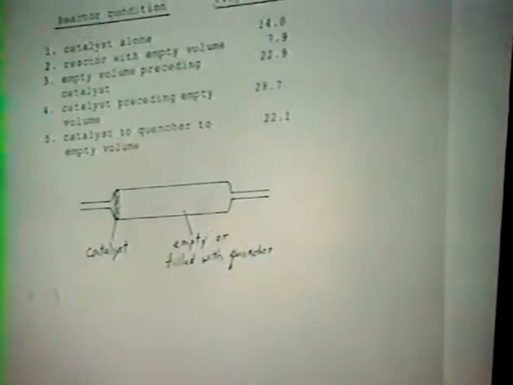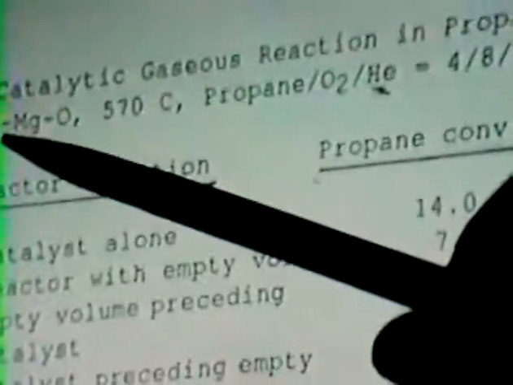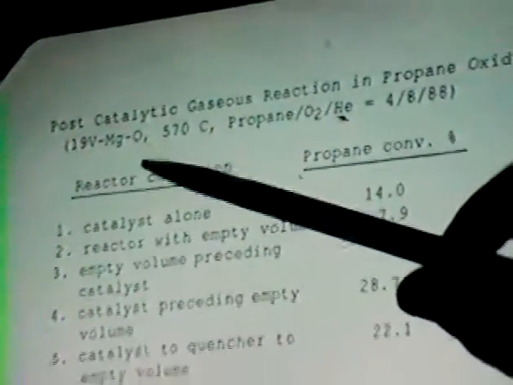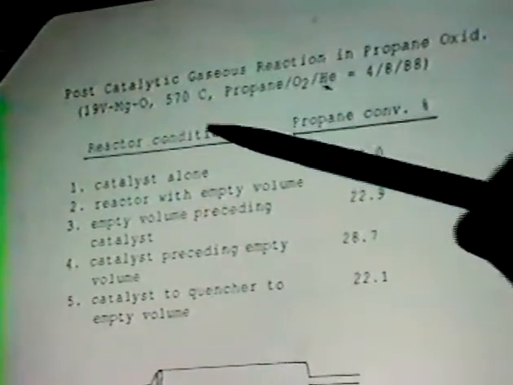The results are shown in the next slide here. This is one particular set of experiments. The experimental conditions are that we use a catalyst that contains 19% vanadium oxide on magnesium oxide. Actually, it's a mixed oxide catalyst. We run it at about 570 degrees Celsius.